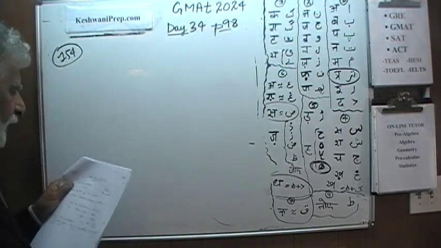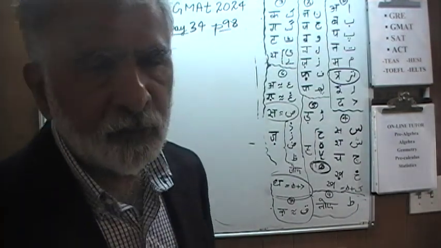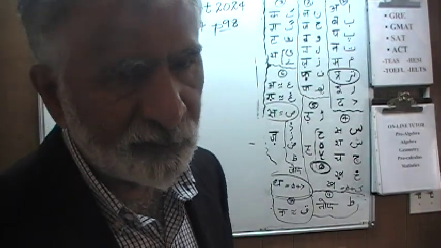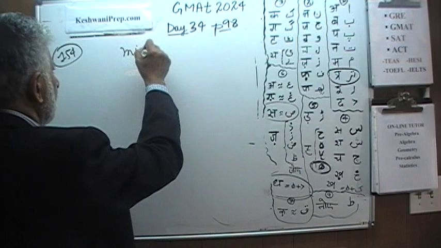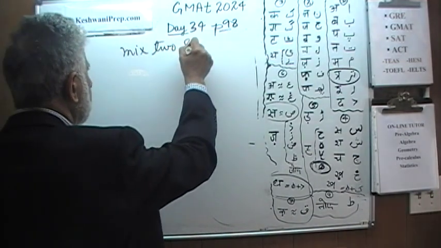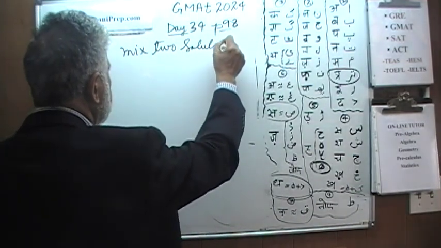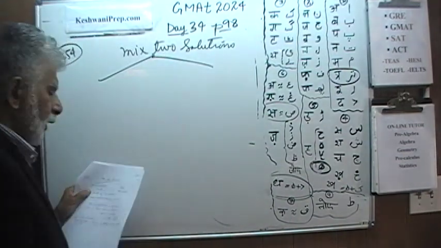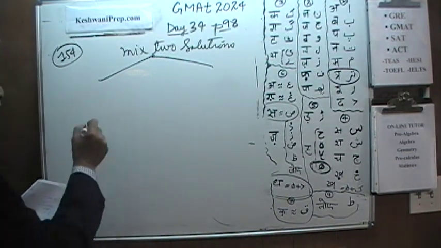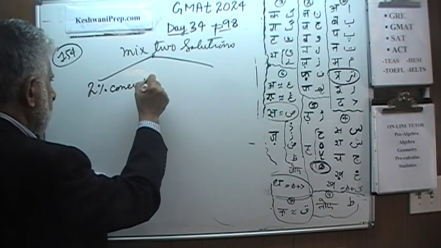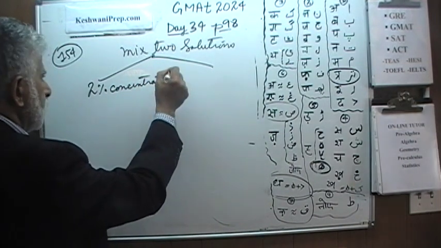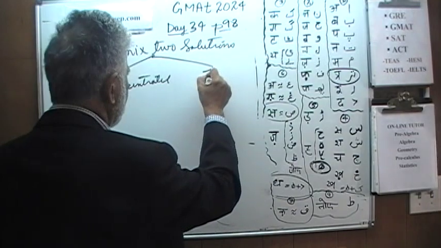In 154, we are told that we're going to mix two solutions of different strength. This one is 2% concentrated, and that one is 12% concentrated.